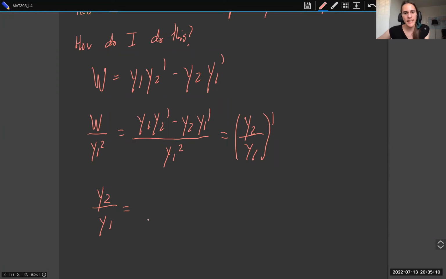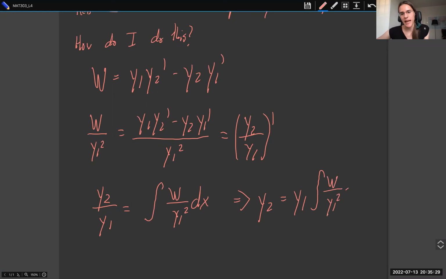It's equal to the integral of the Wronskian over y1 squared dx, right? And so that tells us that y2 is equal to y1 times the integral of the Wronskian over y1 squared dx. Now, what is the Wronskian?